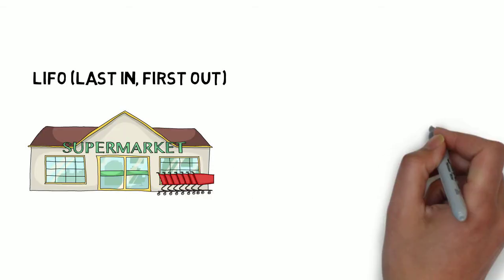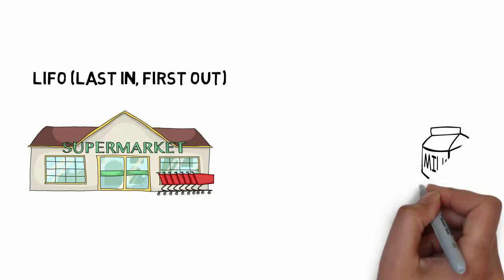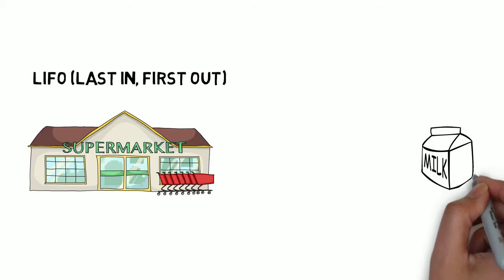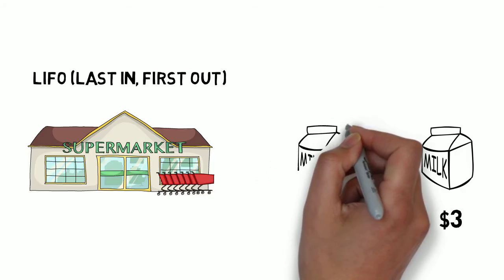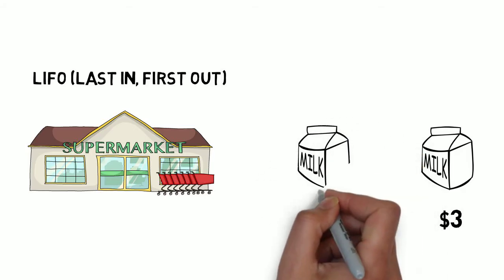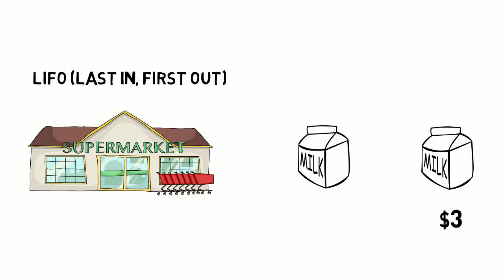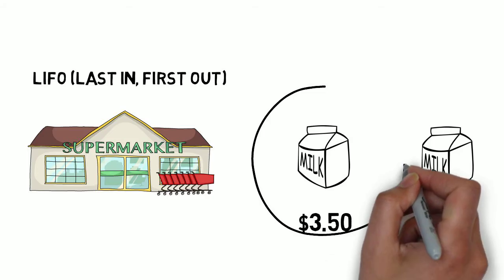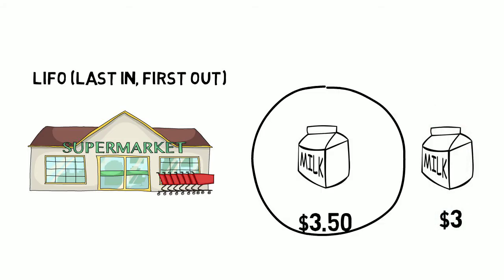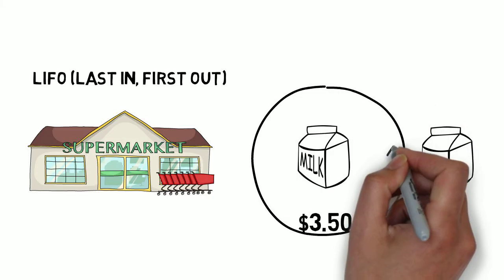The way LIFO works, you would treat it as if you sold the $3.50 milk first. Basically, you're leaving the old milk on the shelf and selling the new milk. Well, that isn't exactly what happens, but that is the way we track the inventory costs. We treat it as if we've sold the $3.50 milk, even though probably the actual physical milk that went out the door was the $3 milk.